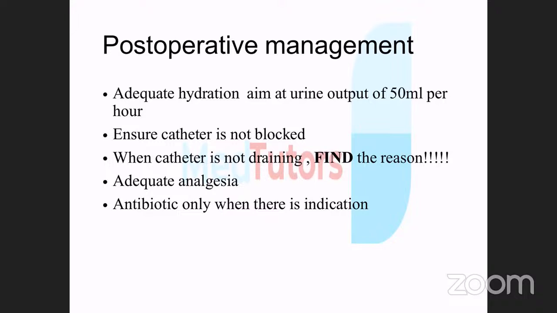Then the next goal, of course, is that you must ensure continuous catheter drainage of the bladder, which means the catheter is passed and it is ensured that the catheter is patent and not blocked every time. And it's important that whenever the catheter is not draining well, it must be assessed and the reason sorted out immediately.